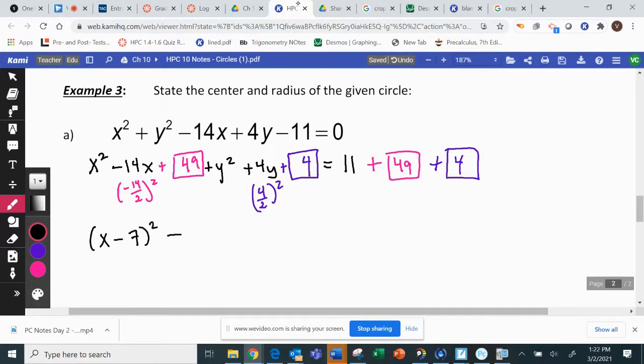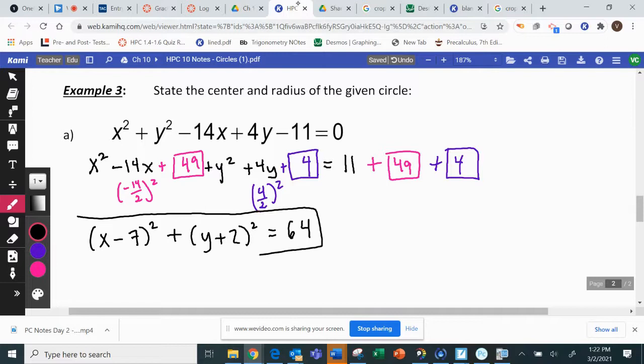Then I will factor and add together the other side, which gives you 64. And this becomes the equation that we're using. The center is at 7, negative 2, and the radius is 8.